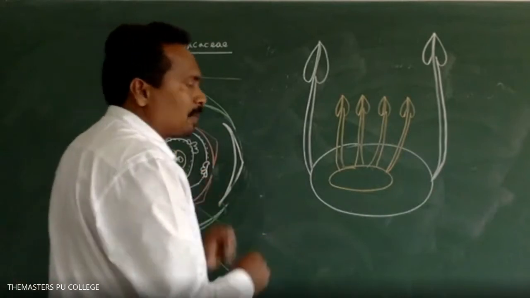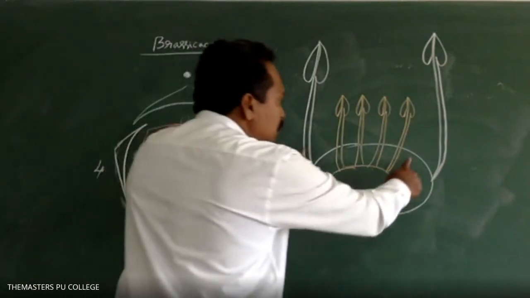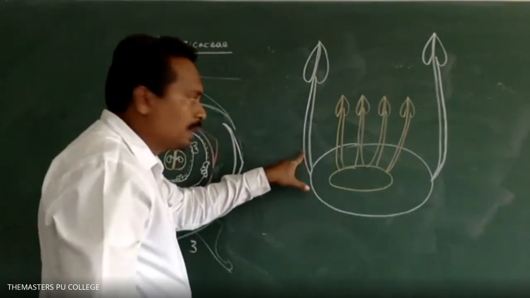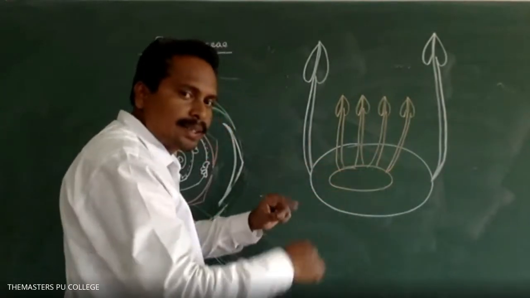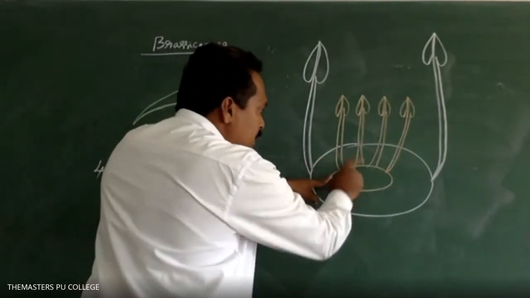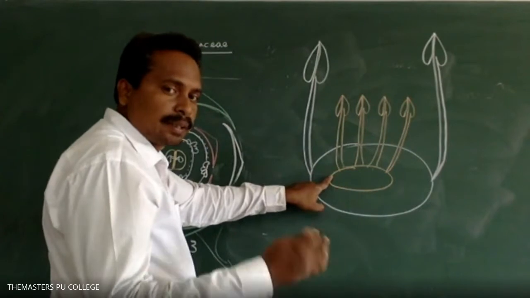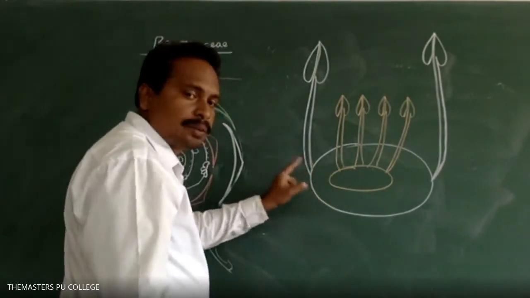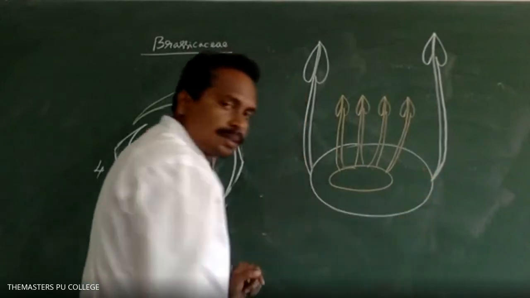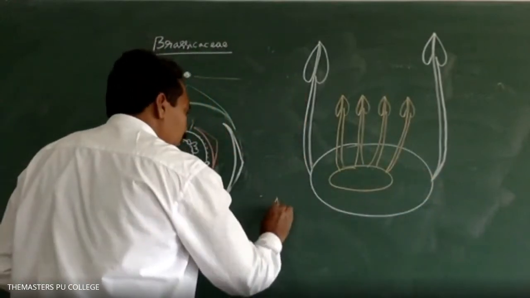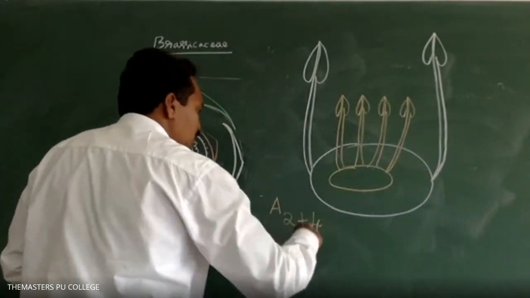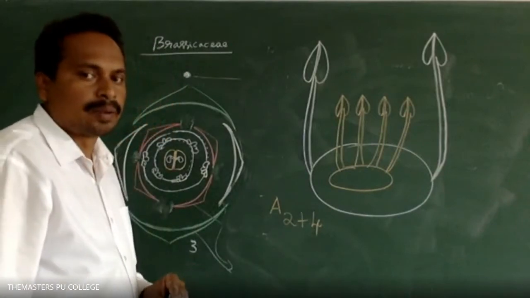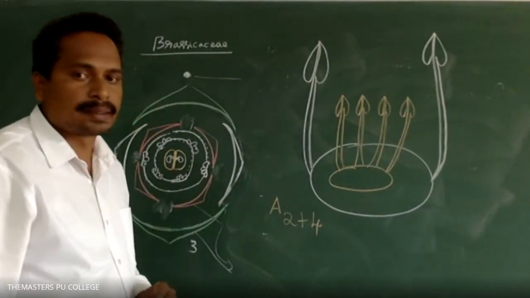Among the 6 stamens, the 2 are arranged in one circle, that's the outermost layer. The rest of the 4 are arranged in the next inner circle. So first of all, you have to consider the outermost. So A 2 plus 4. Is it clear now? Yes, sir. Thank you.